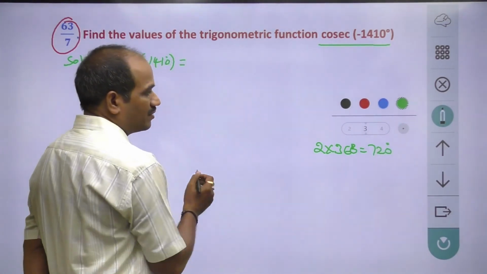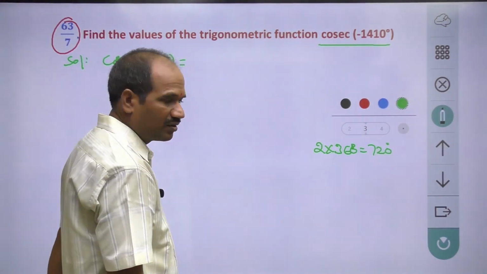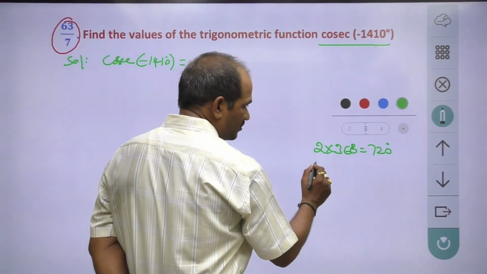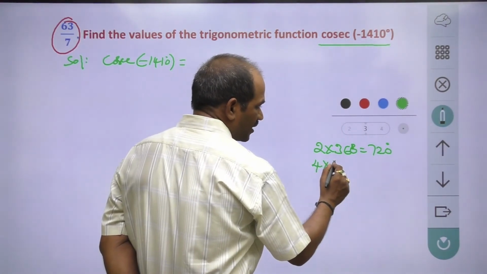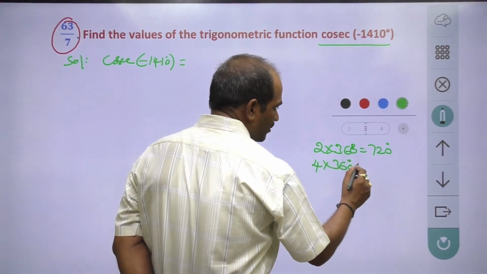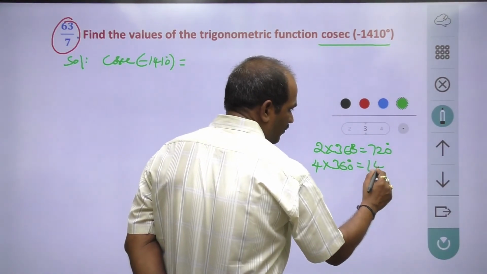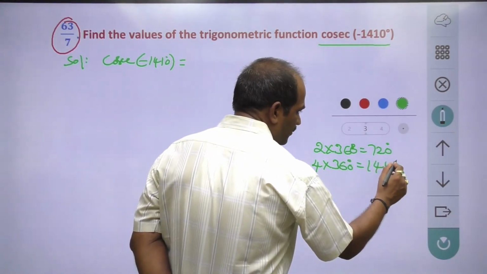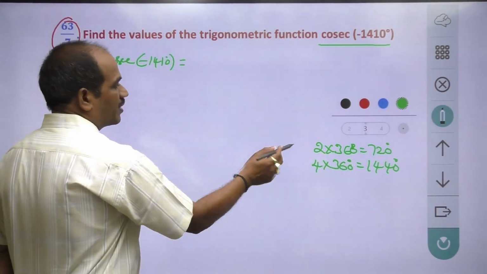Here 1400, so in the double, so multipliers, 4 into 360 degrees is equal to, in this total value, 1440 degrees. So the nearer value is 1440.